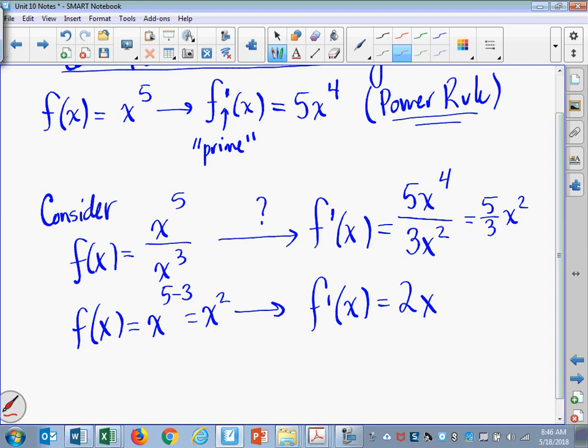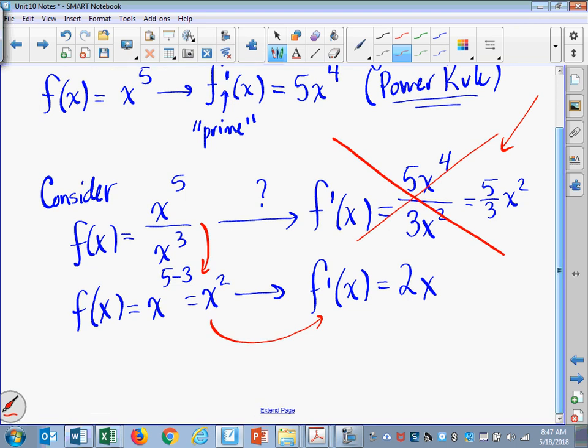Well, it's not this one. Why? The algebra here is a correct simplification, and we know that this derivative is correct. So something strange is happening here. It's not exactly clear what's happening. We have a fraction, and we want to take a derivative over a quotient.